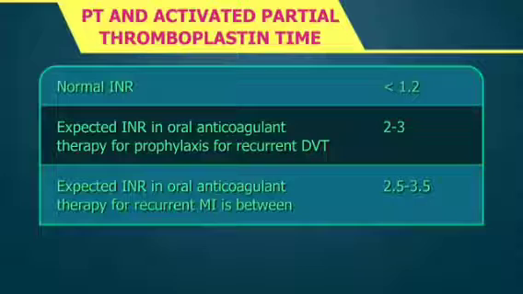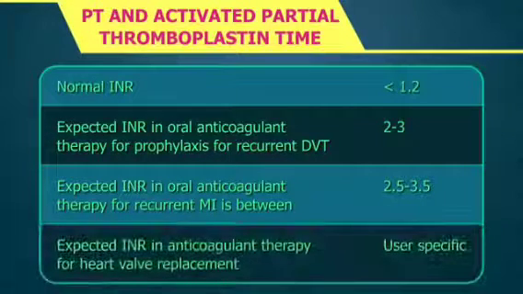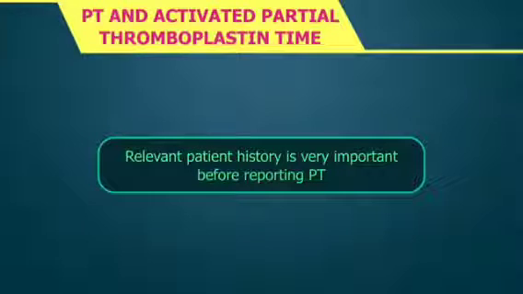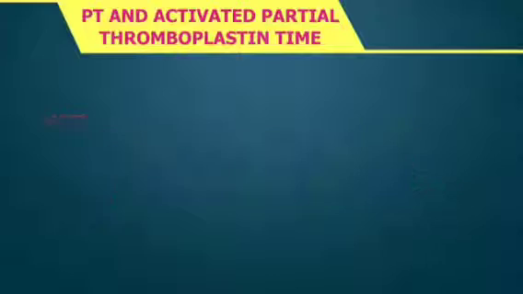Expected INR in oral anticoagulant therapy for recurrent MI is between 2.5 to 3.5. Expected INR in anticoagulant therapy for heart valve replacement is user-specific. Thus, relevant patient history is very important before reporting the PT.